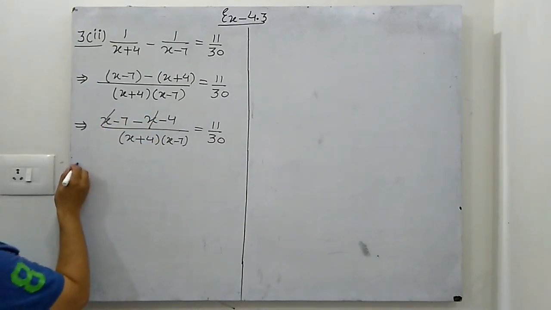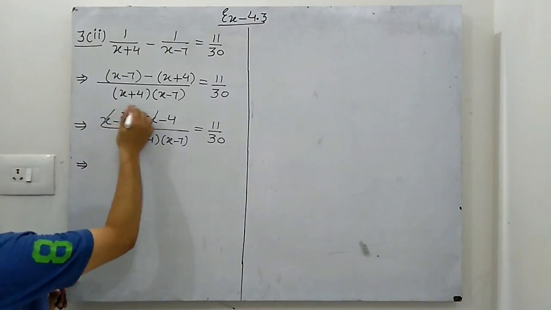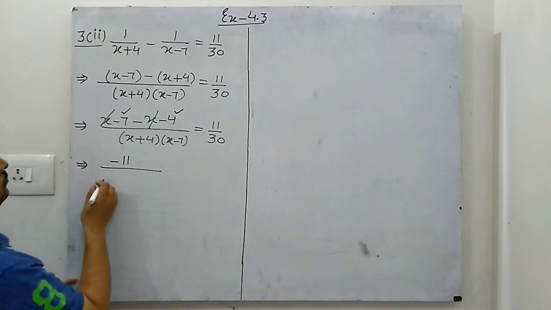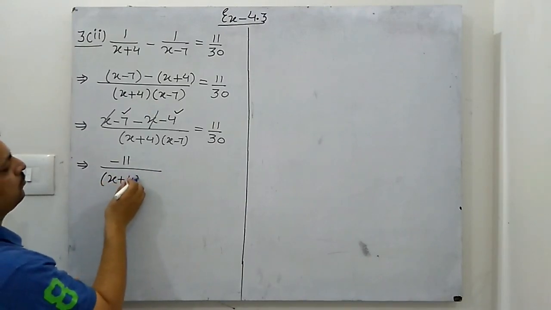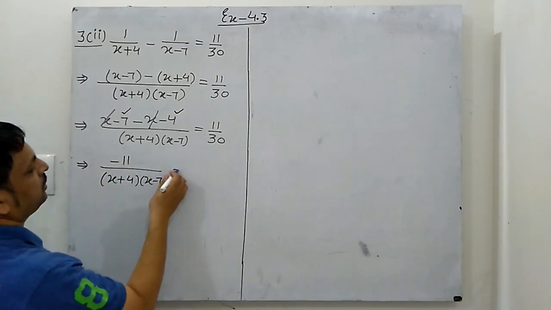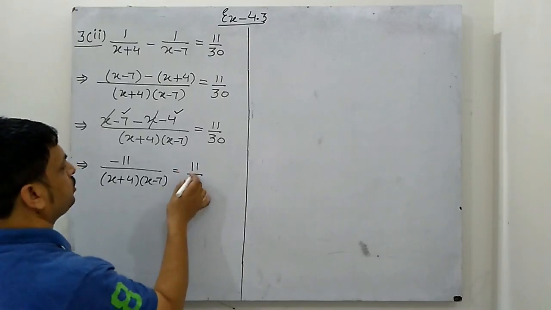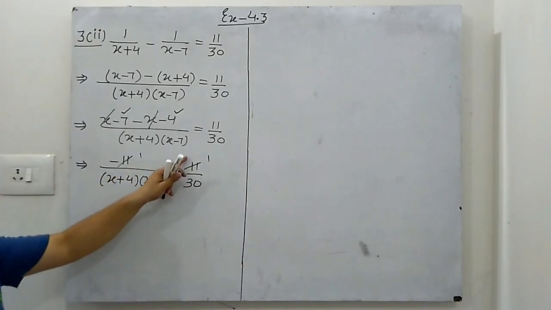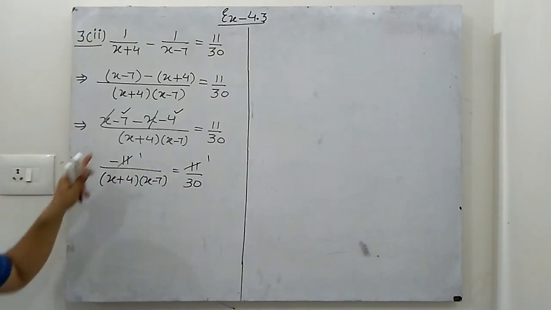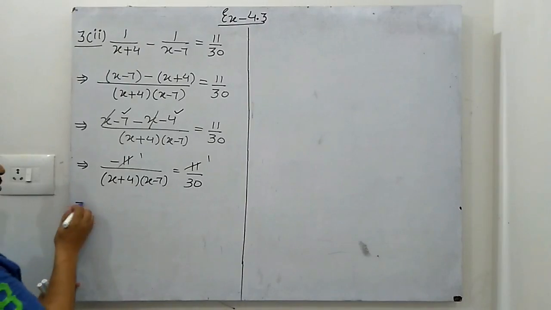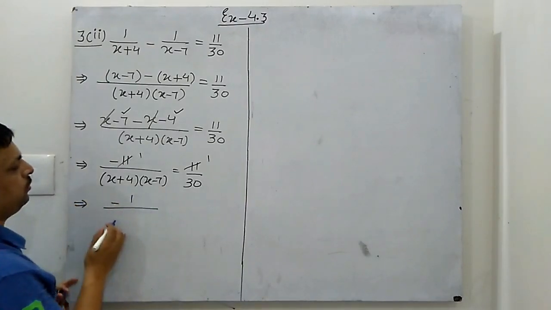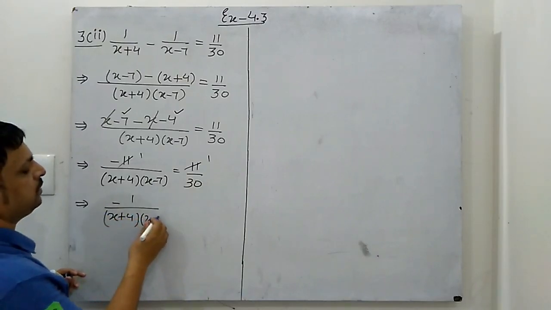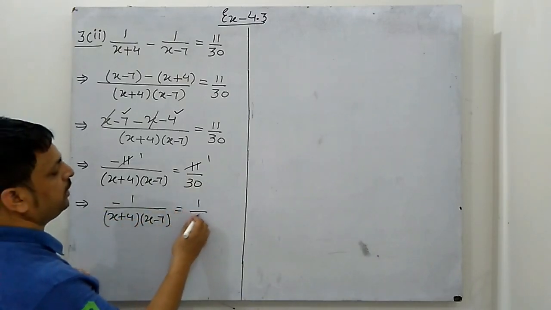So minus 7 and minus 4, it is minus 11 upon x plus 4 x minus 7 is equal to 11 upon 30. Students, we can cancel this 11 because both are in multiplication. After shifting, one will be in division, then they will be cancelled. We are cancelling them. So it will be minus 1 upon x plus 4 and x minus 7. It is 1 by 30.